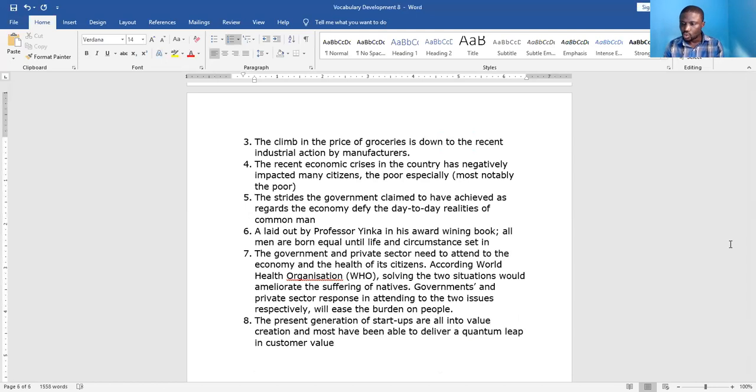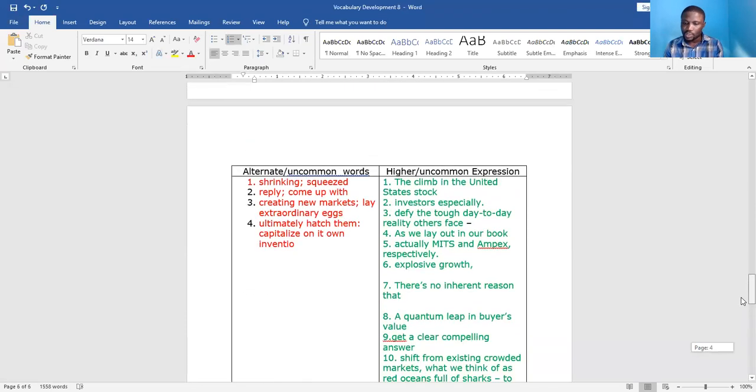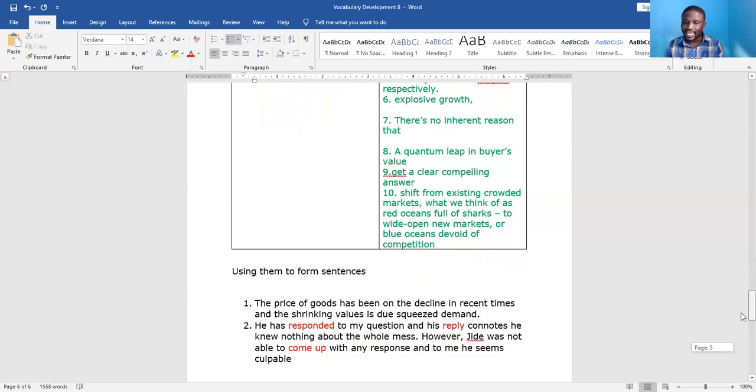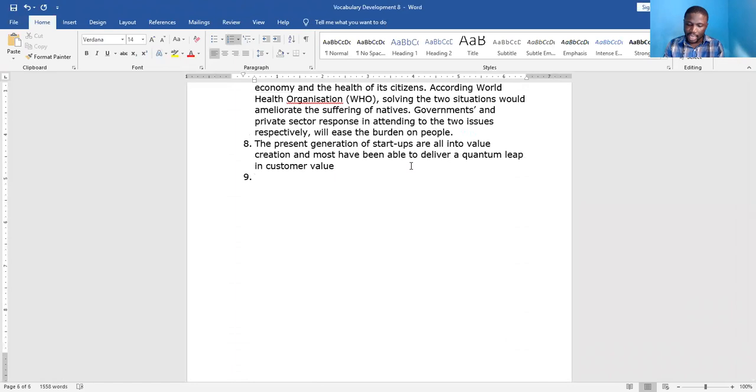Okay. So those are the example of those uncommon words. They are embellishment, a quantum leap. That was a place where it used leap in buyer's value. Okay, get a clear, compelling answer. Okay, I am not easily moved by stories that lack facts.